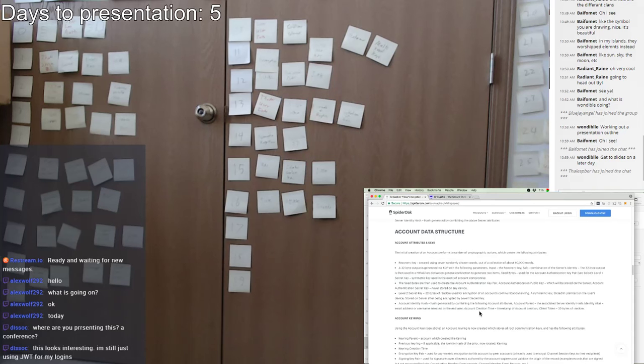The seed bytes are directly derived from the recovery key, though, and that is used to make the account authentication key pair.